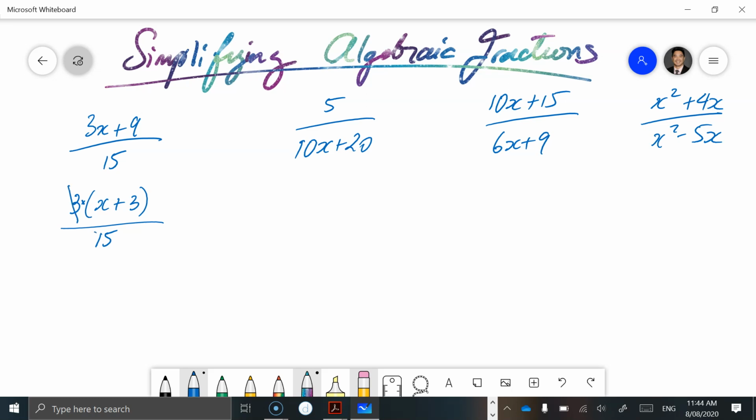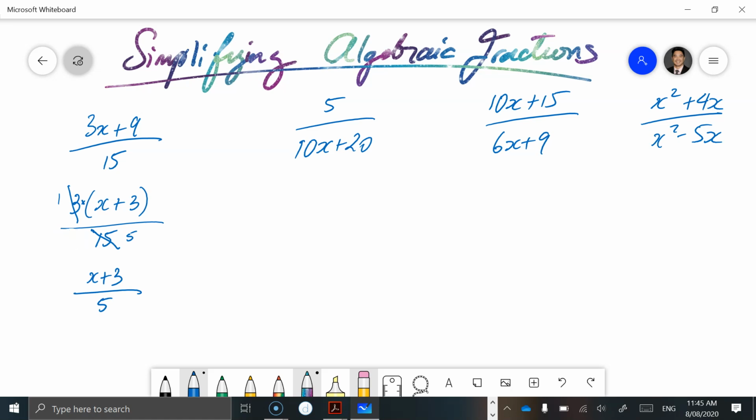What we can do is the 3 and the 15 can cancel down to a 1 and a 5. Obviously, we don't need the 1, so x plus 3 remains on the top, 5 stays at the bottom. That's all that's required. Because the 15 is simply 3 times 5, and the 3's can cancel out.